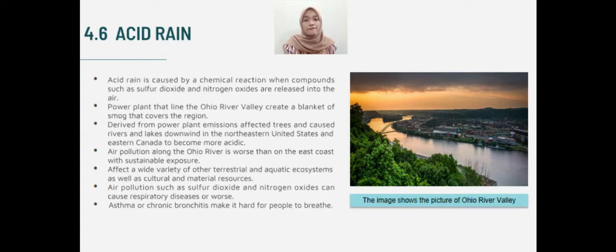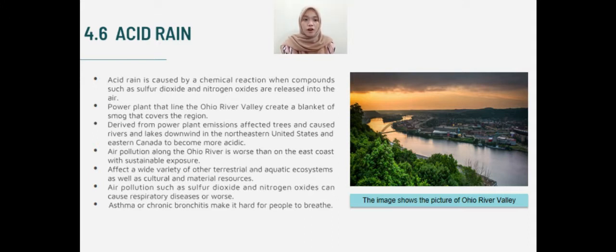Acid rain affected the trees and caused rivers and lakes downwind in the northeast of the United States and eastern Canada to become more acidic. As a result, the air pollution along the Ohio River Valley is worse than on the east and west with sustained exposure.